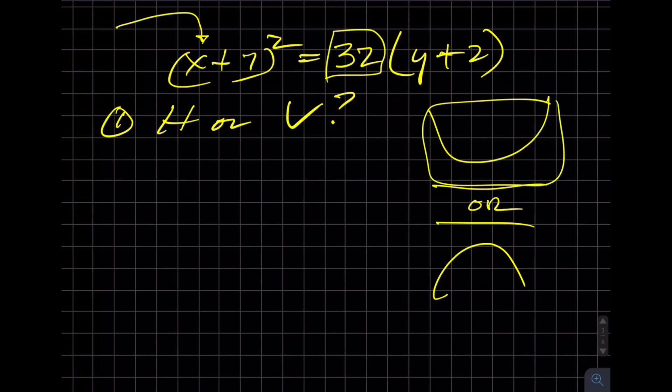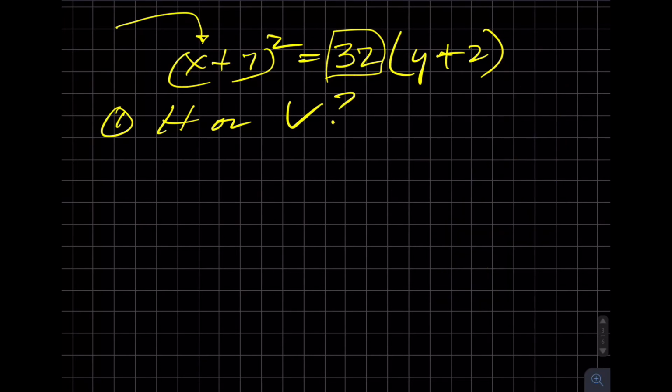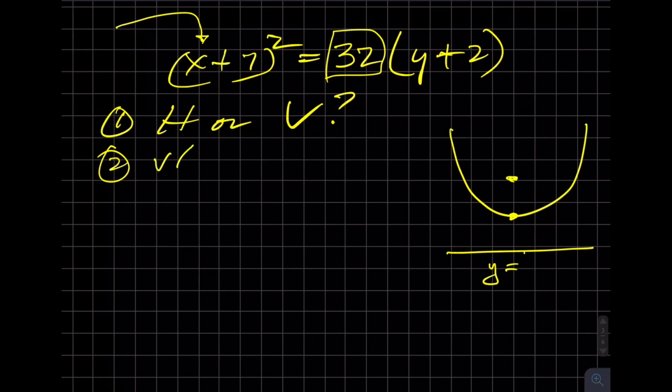Okay? So I'm going to erase this. I'm going to draw this much better over here. Well, maybe not much better. And those are my 3 things of interest: the vertex, the focus, and the equation for the directrix, which is going to be y equals some value. So 2, I'm going to find the vertex, and the vertex is -7, -2.